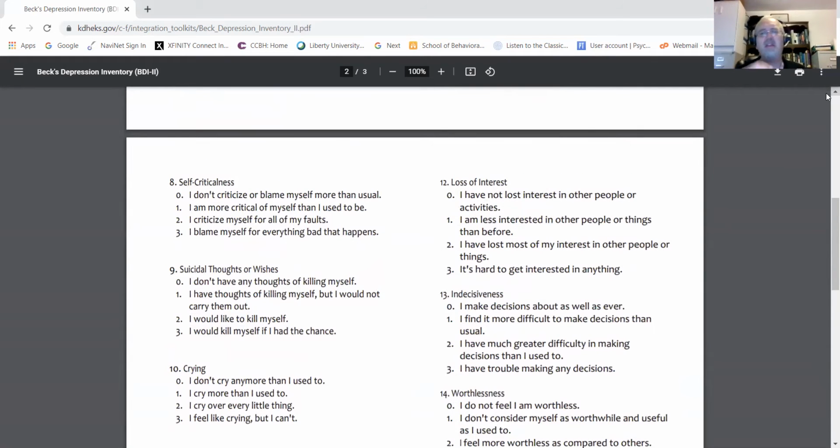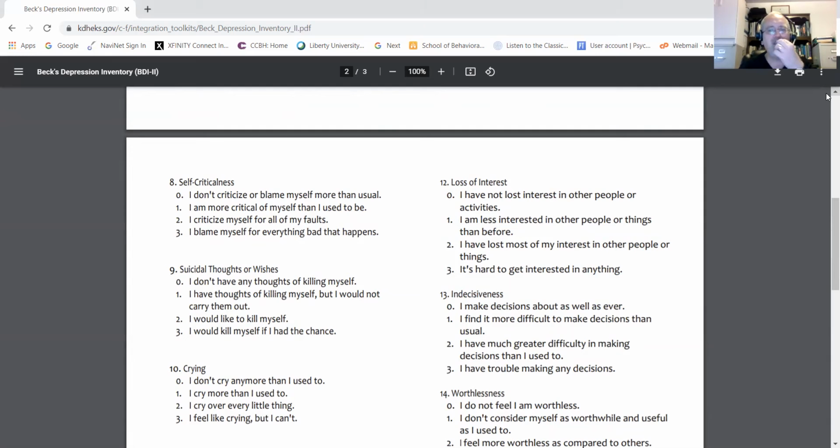And you could kind of picture how this developed. You had a bunch of experts who started off observing depressed and non-depressed psychiatric patients and looked at what the individuals with depression were saying or complaining about more often compared to the individuals who did not have depression.